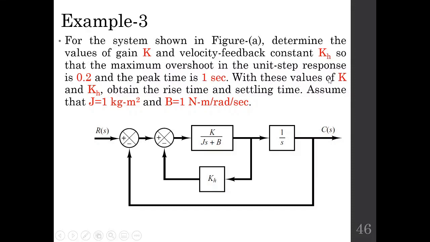With these values of K and K h, obtain the rise time and the settling time. Assume that J is equal to 1 and B is equal to 1.